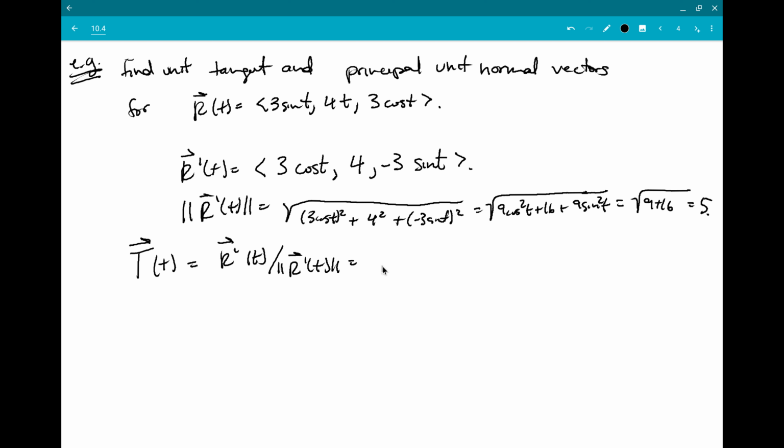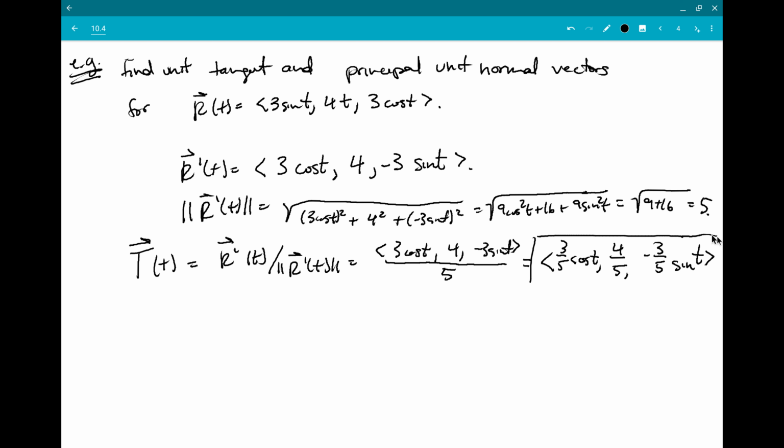So we're going to have 3 cosine t, 4, minus 3 sine t, all divided by 5. And that passes into every component. So we're actually just looking at 3/5 cosine t, 4/5, and minus 3/5 sine t.